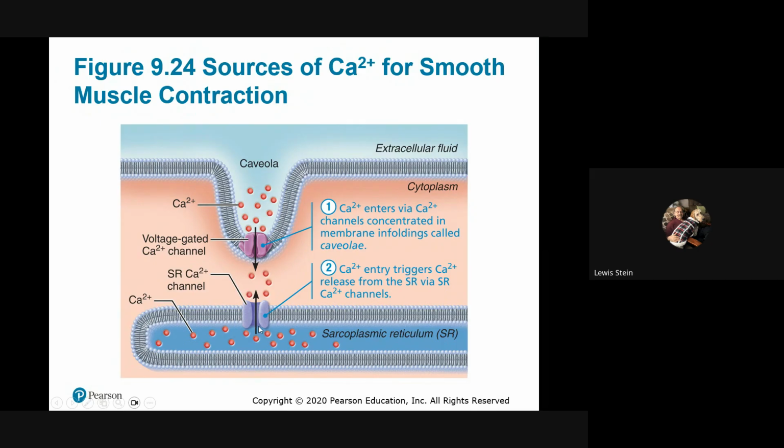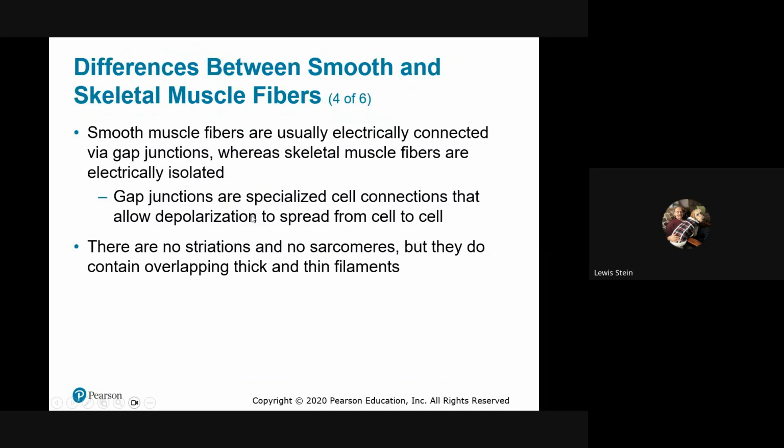And at the same time, we have some release within this limited sarcoplasmic reticulum space. The calcium entry from here triggers calcium release from here as well. So it's a combination, but the vast majority is extracellular calcium.